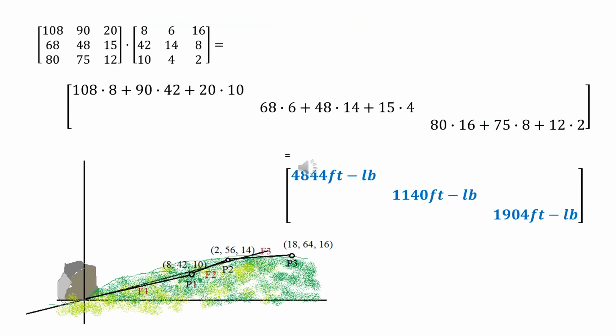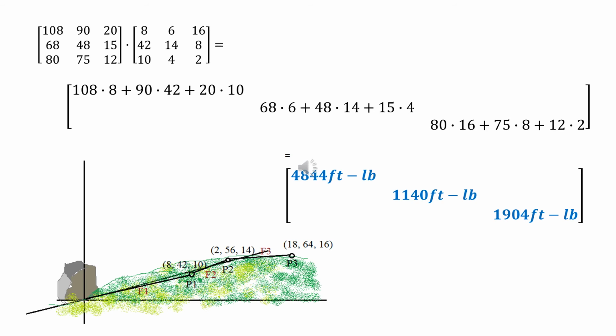Notice in setting up our matrices, the first matrix has the forces, and I've made my rows the first force, the second force, and the third force. The second matrix has the positions, and I've made the columns the positions.